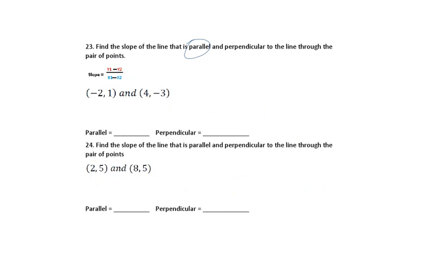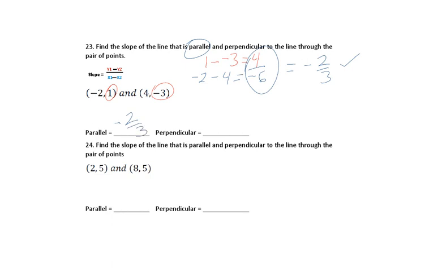Y's go first. So we're going to do 1 minus negative 3, which is 4. Then we'll do negative 2 minus 4, which is negative 6. And then 4 over negative 6 does reduce. It becomes negative 2/3. So that is parallel.